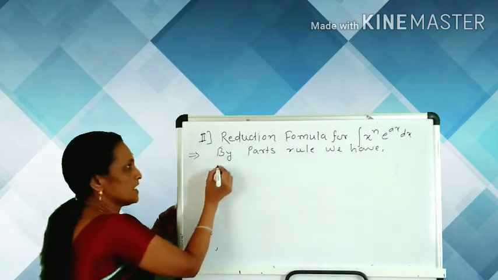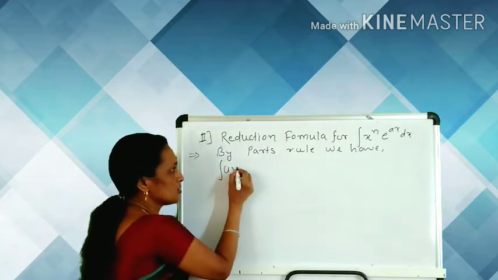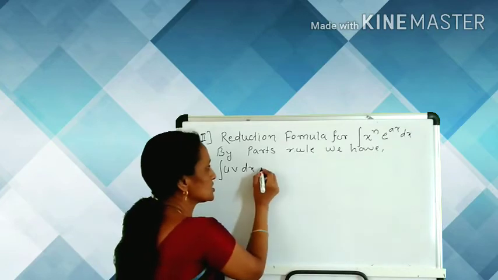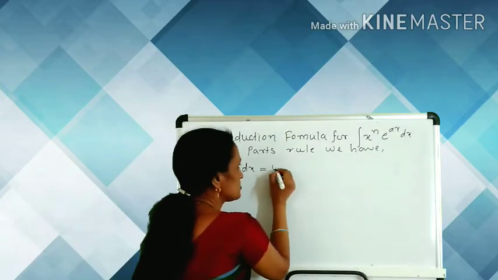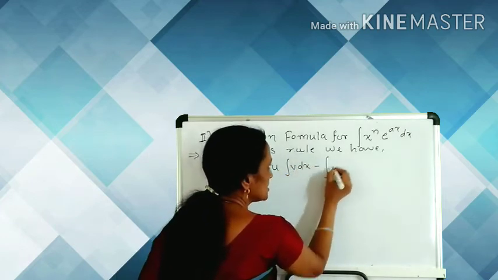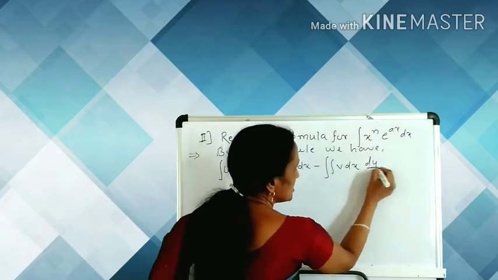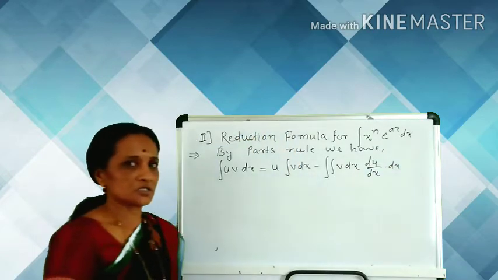We have, and I write here firstly the parts rule for the integration: u multiplied by v into the dx, product of the two functions u and v, and integration is the first function is the same, integration of second, minus integration of the second function multiplied by derivative of the first function, and here is the multiplied by dx.